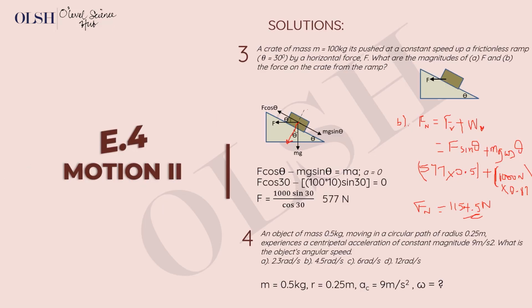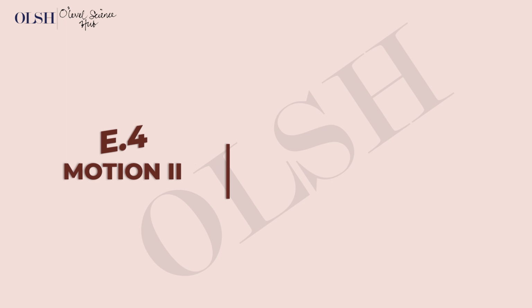Okay, so to solve this question, we just have to remember that centripetal force is equal to mv squared over r. We're asked to find the angular velocity. So we know that linear velocity is equal to radius times the angular velocity. So we have m times (r omega) squared all over r.